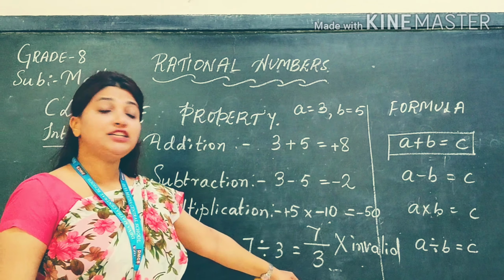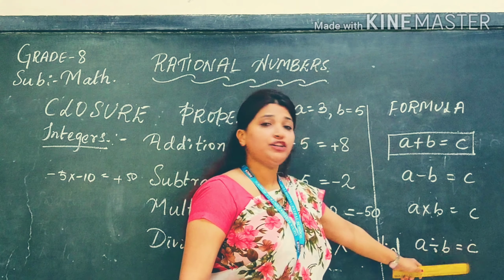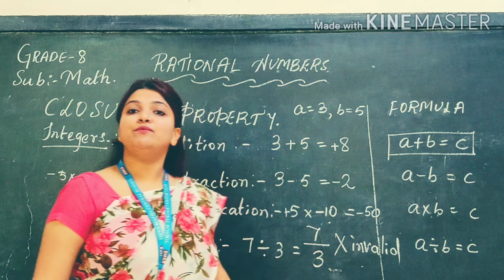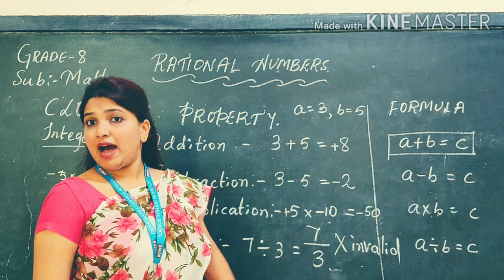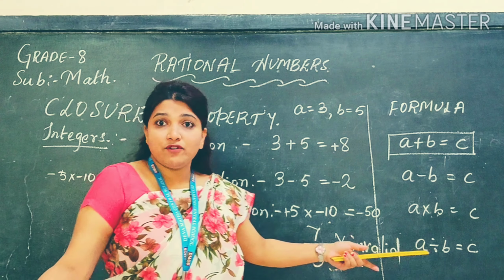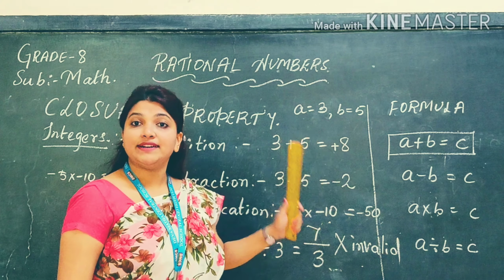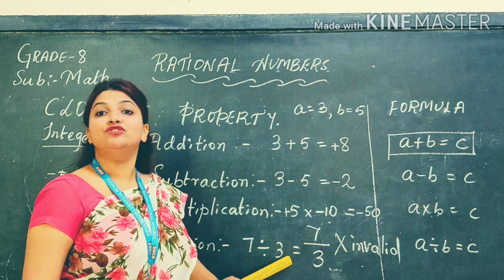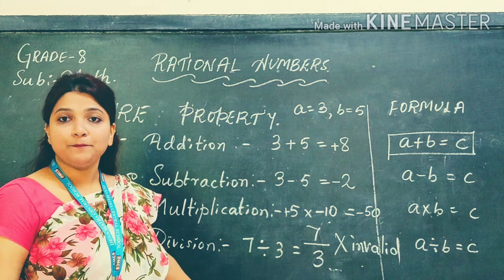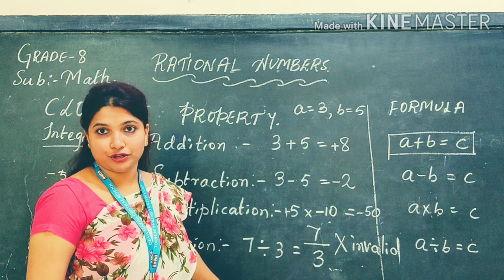I should get an integer according to my formula, that is, A divided by B, I should get C. But I am not getting C. That is, I am not getting an integer. I would have got a negative integer or a positive integer, but I haven't got any positive or negative integer. Thereby, closure property is invalid for division.